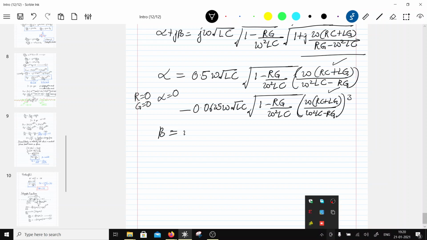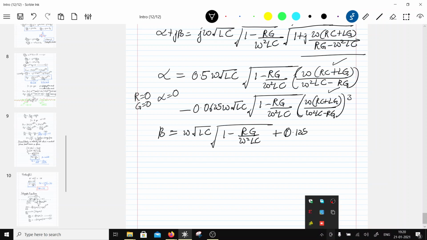Okay, so the beta would be written as omega root of LC times of, again the same component, 1 minus Rg divided by omega square LC, plus 0.125 times of this term, square term. So this is going to have even order terms, right?